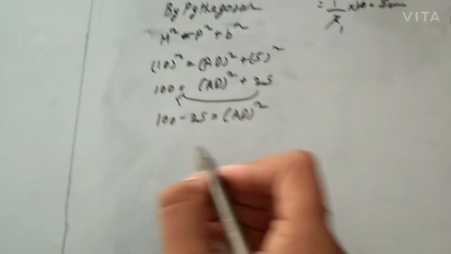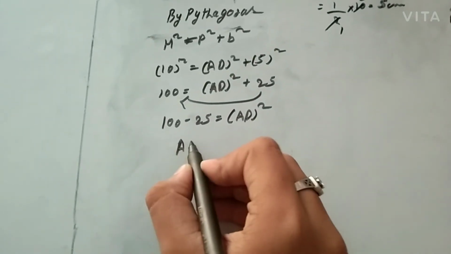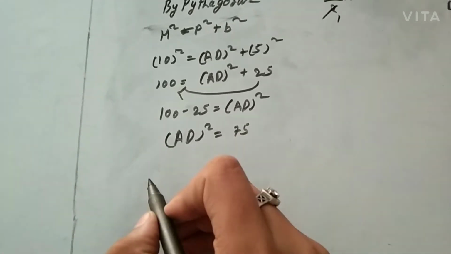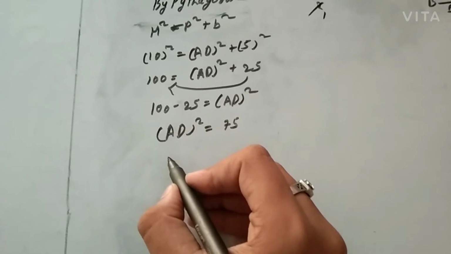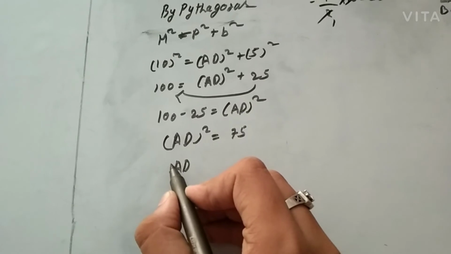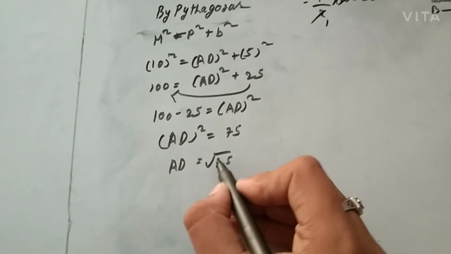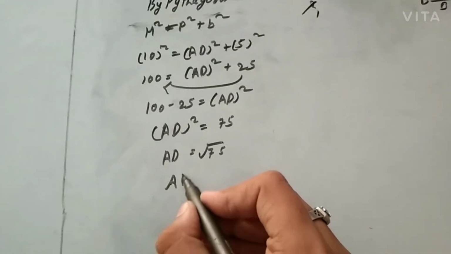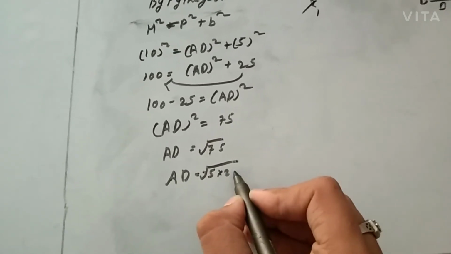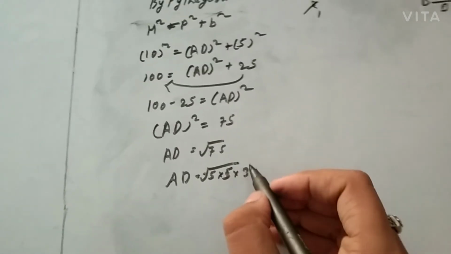So 100 minus 25 equals to AD square equals to 75. So we will convert it, but it is somewhat difficult, so we will apply a simple form like this. AD equals to root 75. So our AD equals to root 5 into 5 into 3.